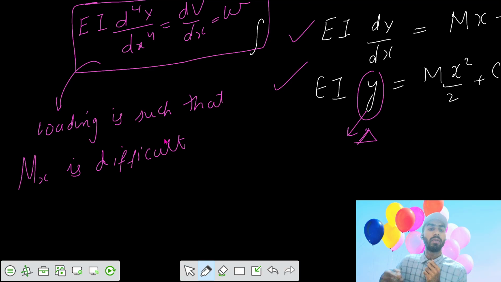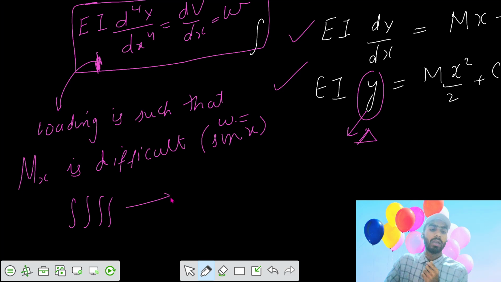For that, we use the load equation directly. Say a sine loading is given, a function of sine x. If the loading is a function of sine x, the moment calculation becomes difficult. For that, we directly use the loading intensity. Then we integrate it 4 times, 1, 2, 3, 4, to get the deflection at any point x.